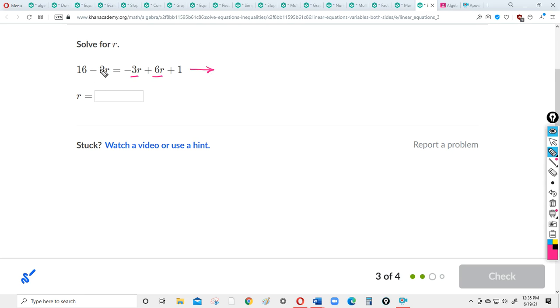On the left, 16 minus 2r equals negative 3r plus 6r. Negative 3 plus 6 is positive 3. And we still have the r. The reason we can combine this is because they both have an r. Negative 3 plus 6, that's a positive 3r.